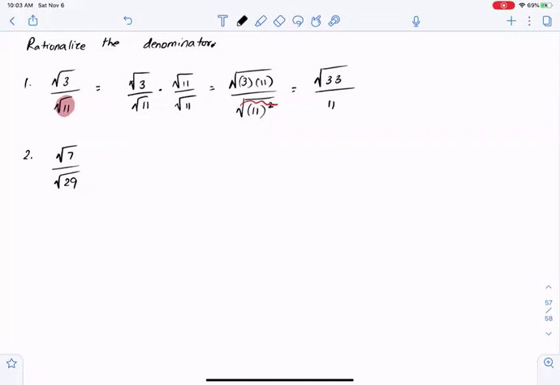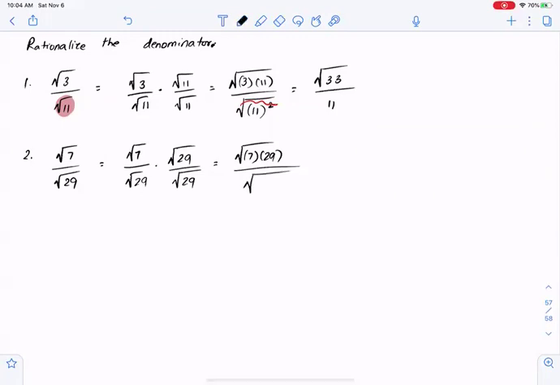So we want to rationalize the denominator. So we have to multiply by the denominator and divide. So square root of 29 divided by square root of 29. I can combine the numerators and write it as square root of 7 times 29 divided by square root of 29 times square root of 29.